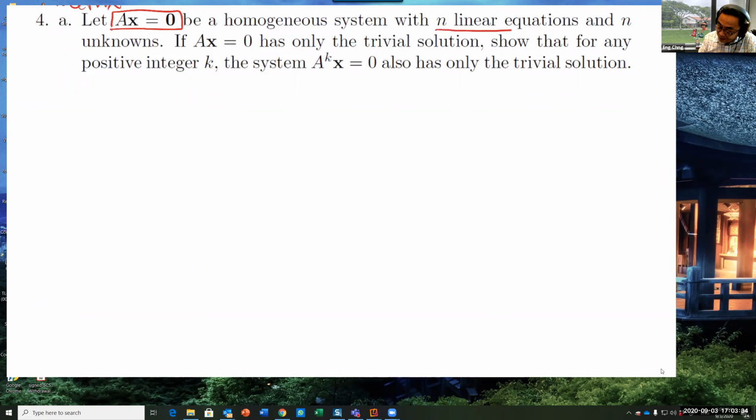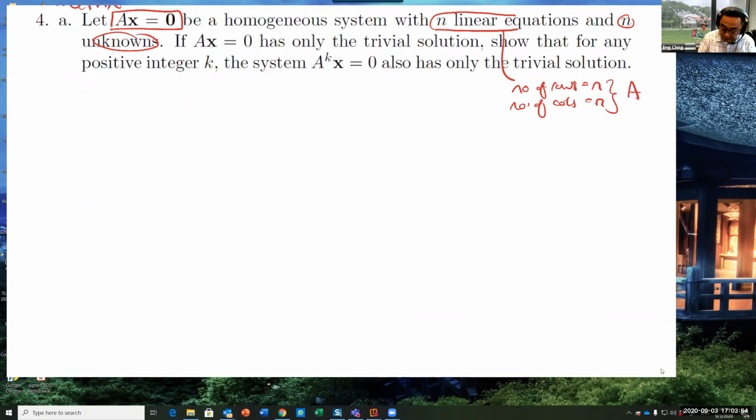It has n equations, meaning the number of rows equals n, and n unknowns, the number of columns equals n. He's talking about A, the matrix A.